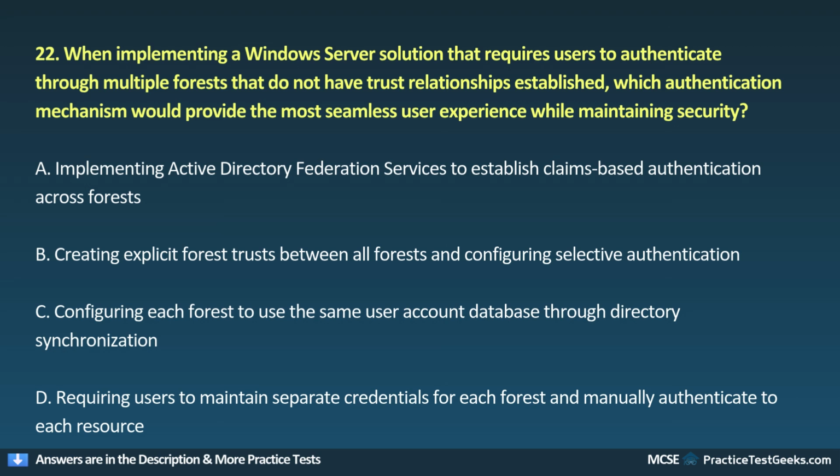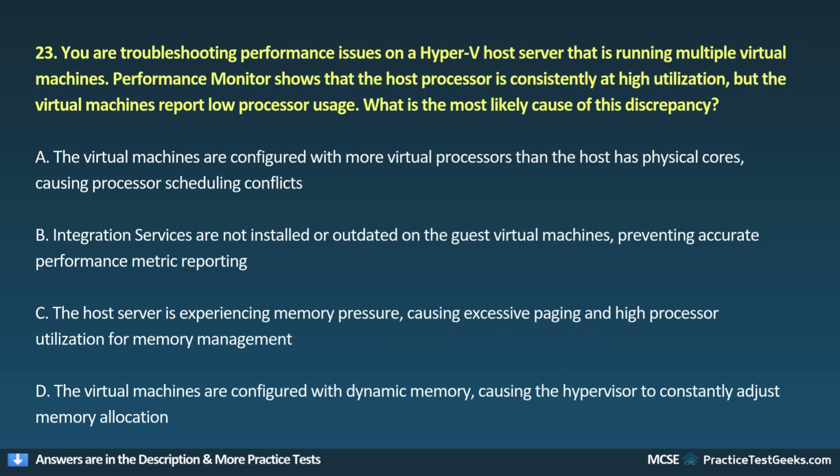B. Creating explicit forest trusts between all forests and configuring selective authentication. C. Configuring each forest to use the same user account database through directory synchronization. D. Requiring users to maintain separate credentials for each forest and manually authenticate to each resource.